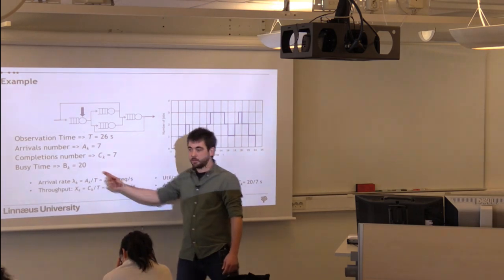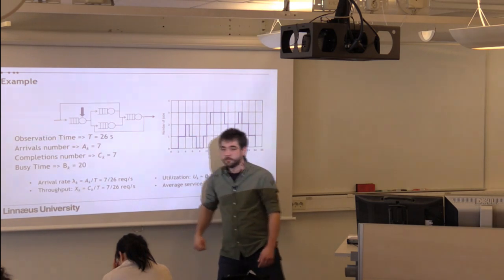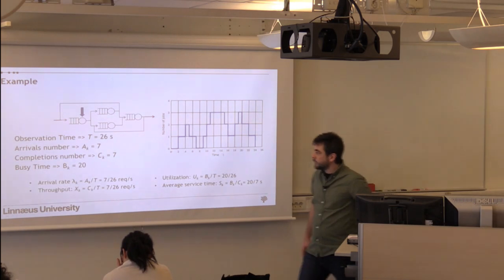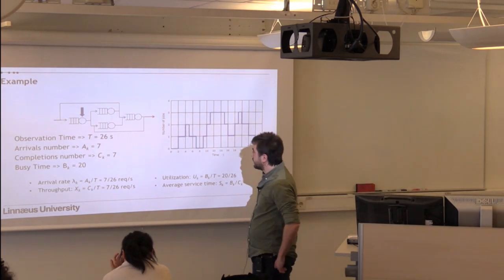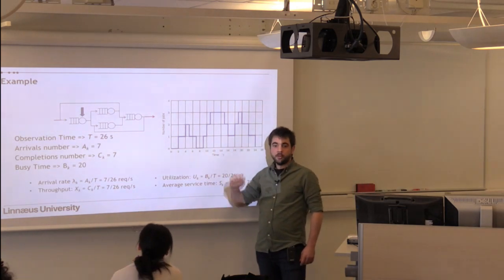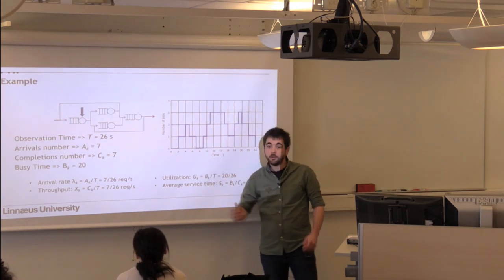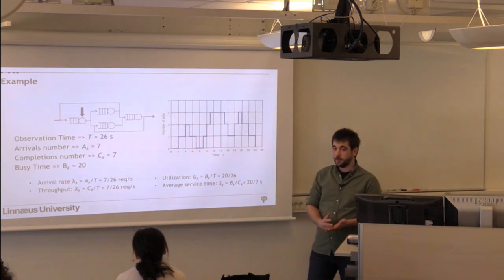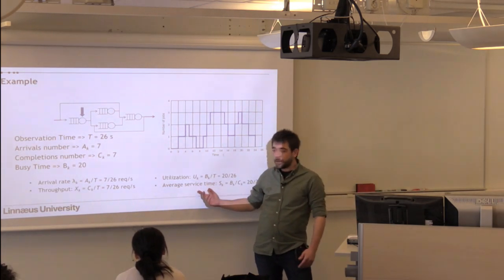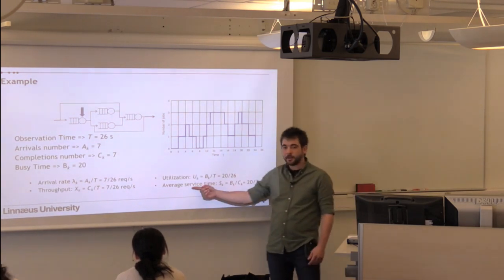So 20 divided by 26. And the average service time: we had the system working for 20 seconds, which was when it was busy. And during these 20 seconds, it was able to complete 7 jobs. So each job required, on average, 20 divided by 7 service time.